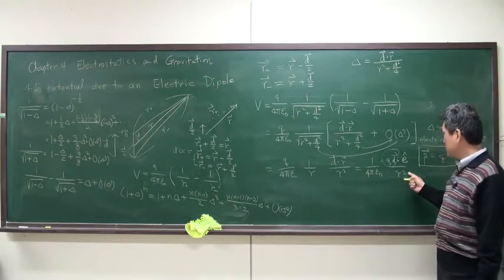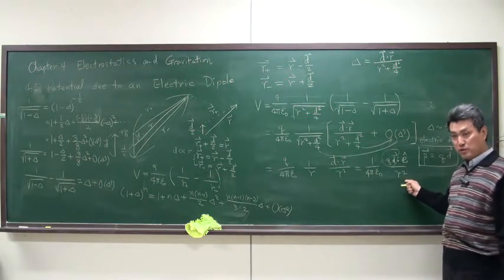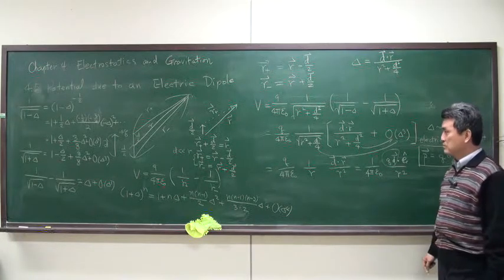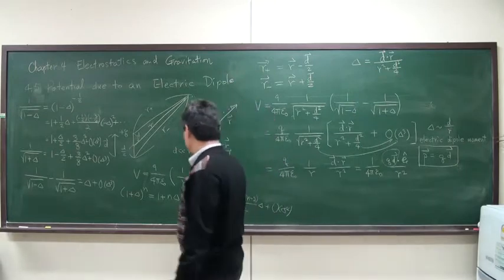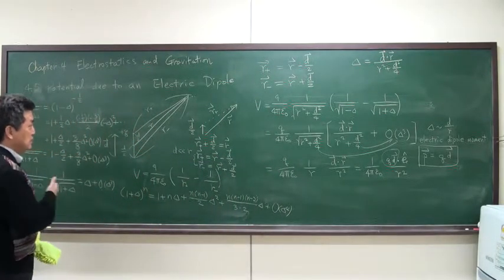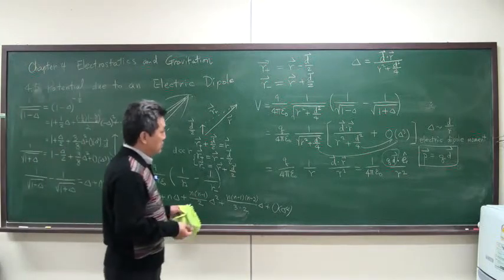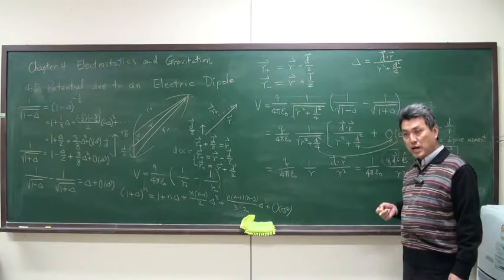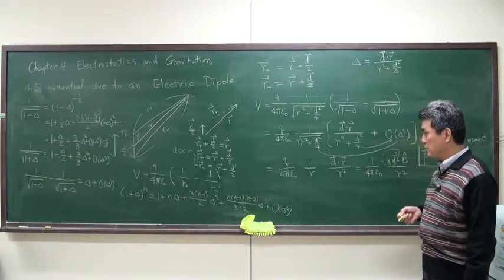Then potential is proportional to 1 over r squared. Okay? Potential is 1 over r squared. So in the next page we will check what the electric field is by taking the derivative, minus gradient.